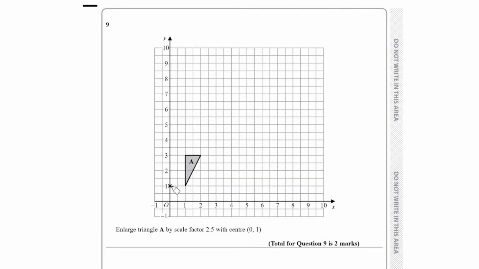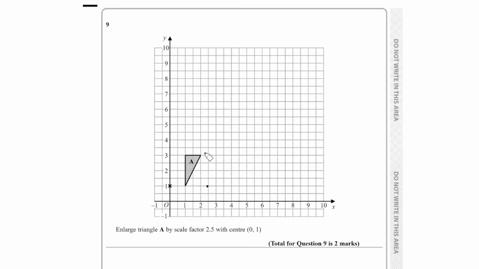I know it's 2 squares, but technically you could either use 2 squares or just count it as 1, it's up to you. Currently, it's only 1 away from the centre. So for this new corner, I just need to do 2.5 times 1, which is 2.5. So the new corner is going to be here. I do that with the first one, just to map out where the position is. It's going to be there.